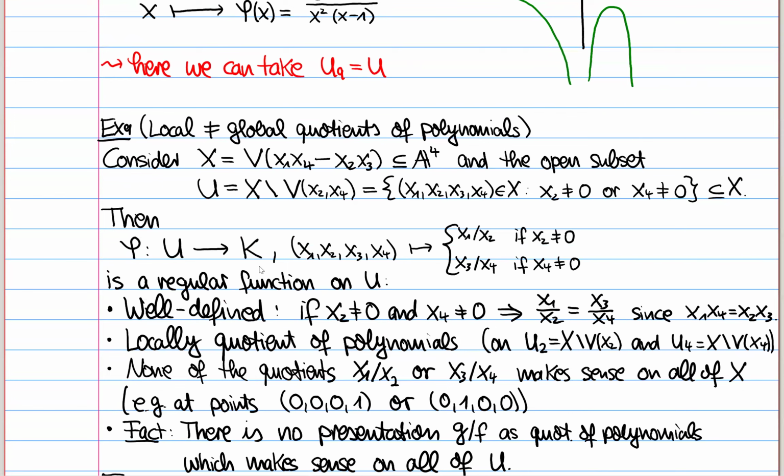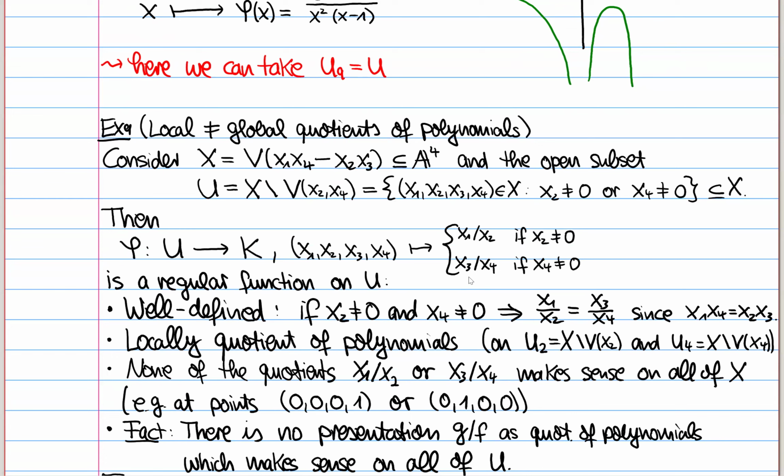And the other thing that is pretty obvious from this definition here is that phi is locally the quotient of polynomials, namely on an open cover of U given by U2, which is the locus where x2 is non-zero, and U4, the locus where x4 is non-zero. On this open cover, it's given by these two respective formulas.